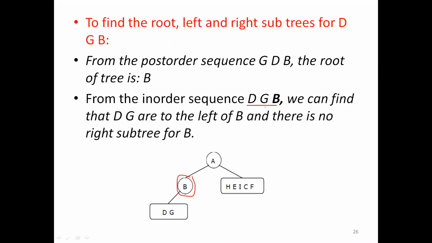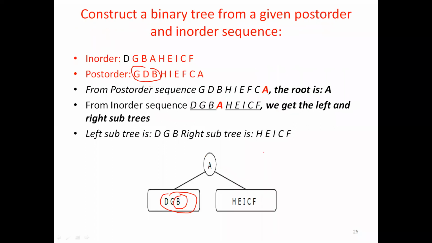Based upon this identification, we can find DG is to the left. If you look at the post order sequence, it is GDB.